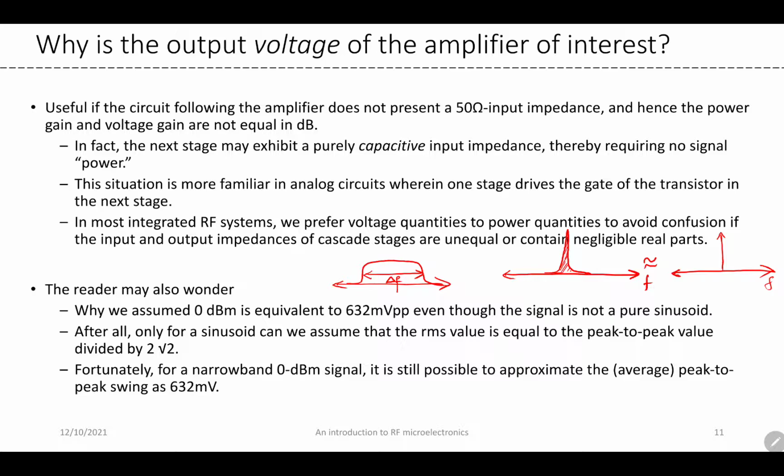For such simple calculations, you can assume them to be sinusoids. But if you're actually looking at modulation, you have to take the entire frequency component, the composition of different frequencies. You have to take them into account. Okay.